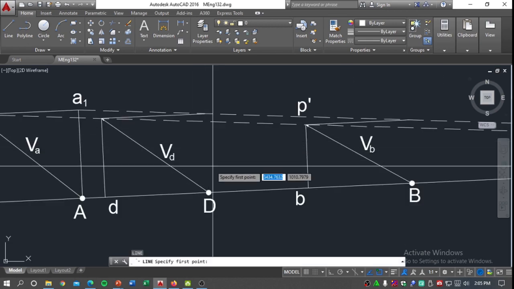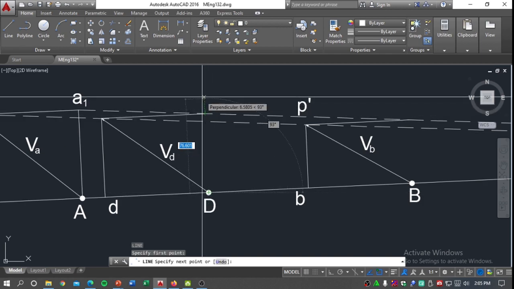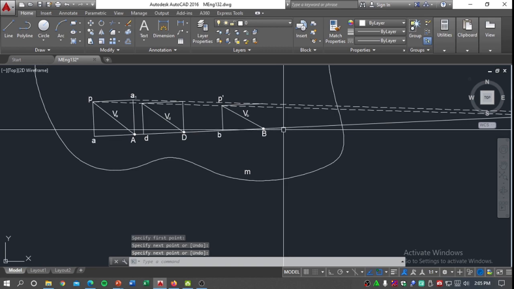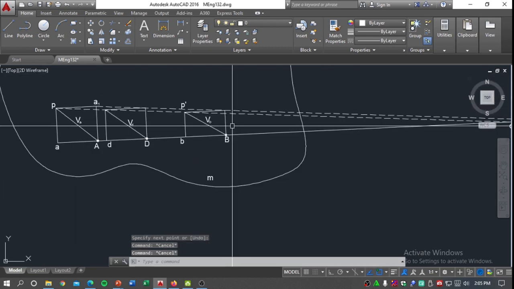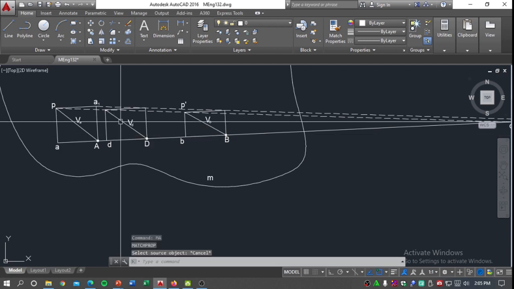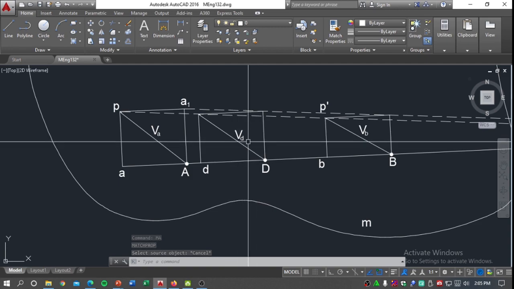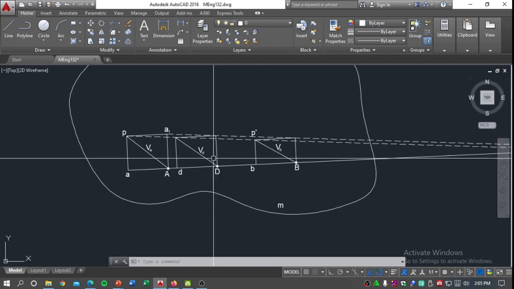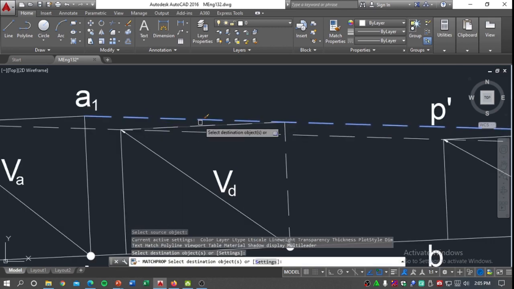Okay, so we just formed corresponding parallelograms after projecting those parallel lines.